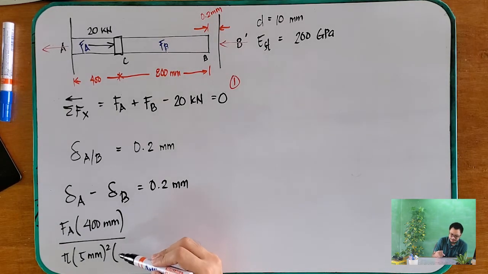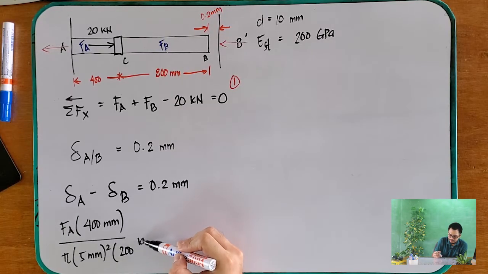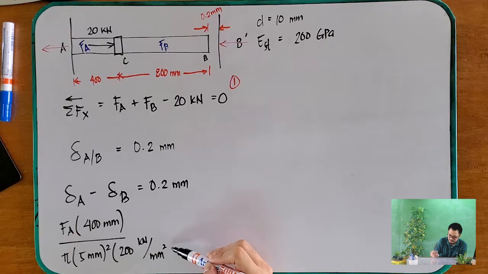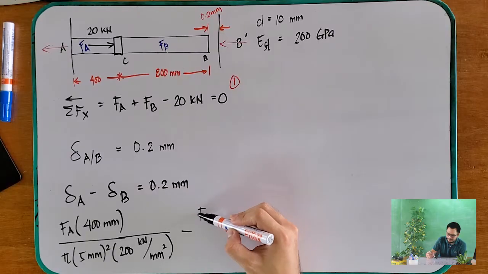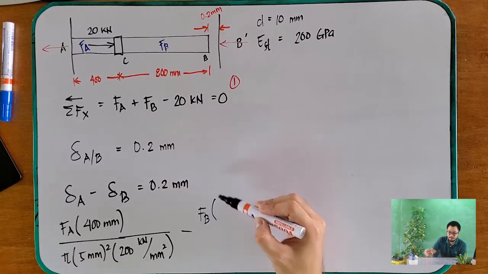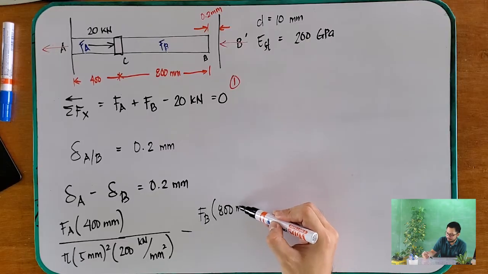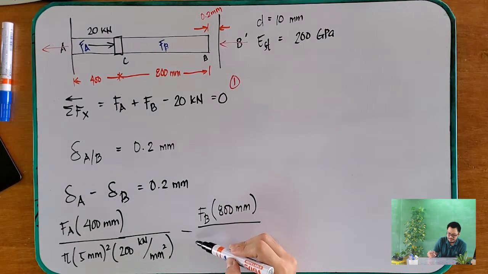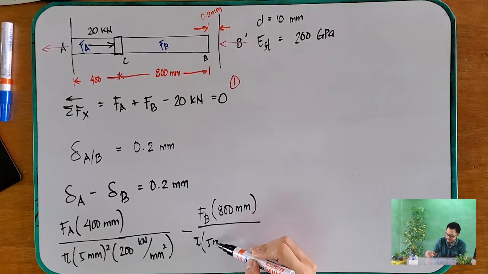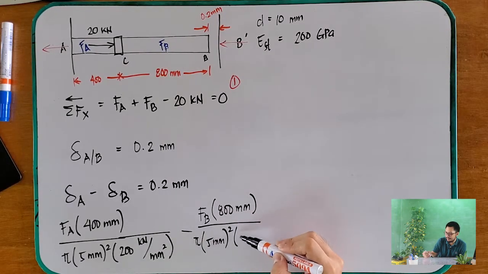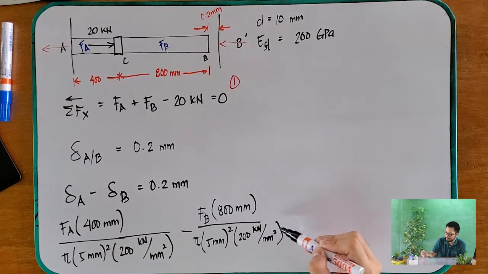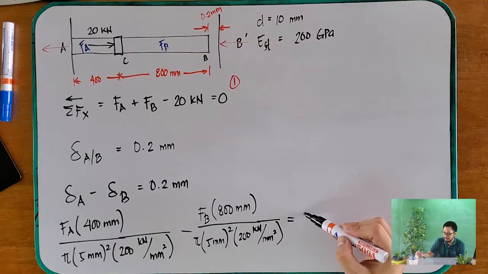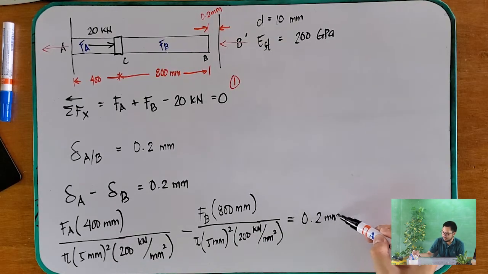This is 200 kilonewtons per millimeter squared, minus FB times 800 millimeters over area pi times 5 millimeters squared times 200 kilonewtons per millimeter squared. This is equal to 0.2 millimeters.